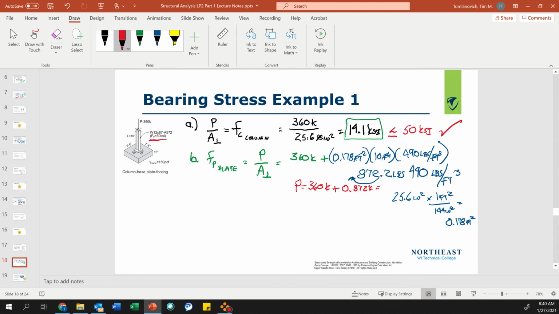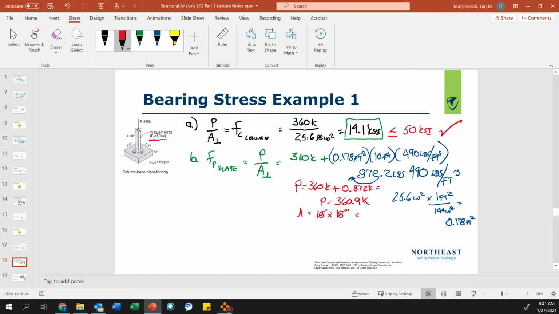I get 360.9 kips, rounded up, right? So P equals 360.9 kips. Okay, so now our area, the plate is 18 inches by 18 inches.